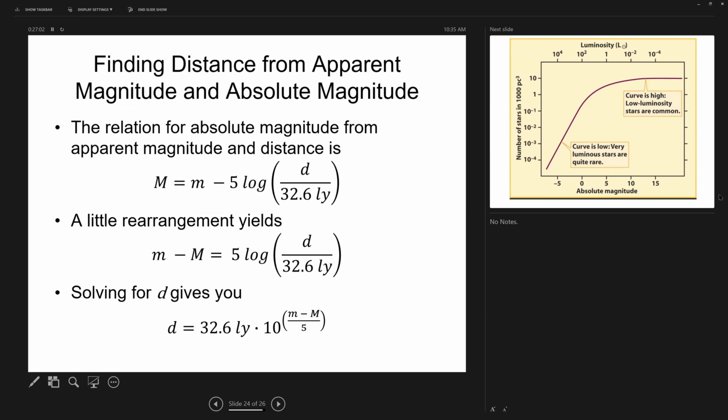And as a result, this method isn't as precise as trigonometric parallax can be for nearby stars. So it's a little bit fuzzy. It's like you've got a really long tape measure, but it's only got markings every 10 feet. And so you don't get to measure down to the nearest 32nd of an inch or something like that.